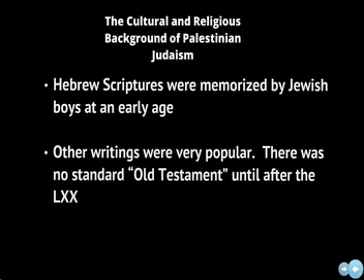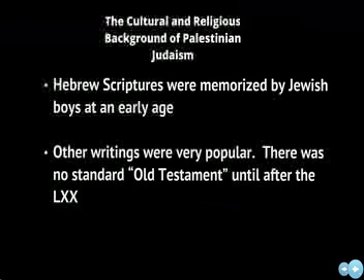And other writings besides the Old Testament or the Hebrew Scriptures were extremely popular. There is no standard Old Testament whenever we're referring to the context of the writing of the New Testament. There is no collection of books that were nice and neat and every synagogue had them.